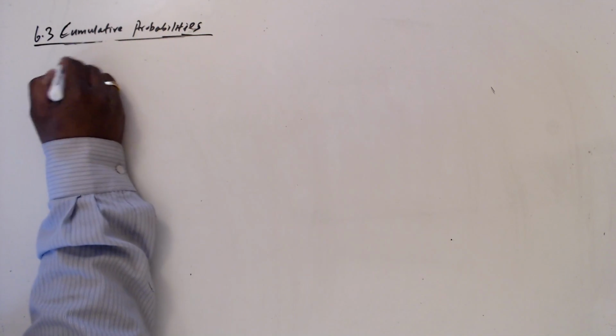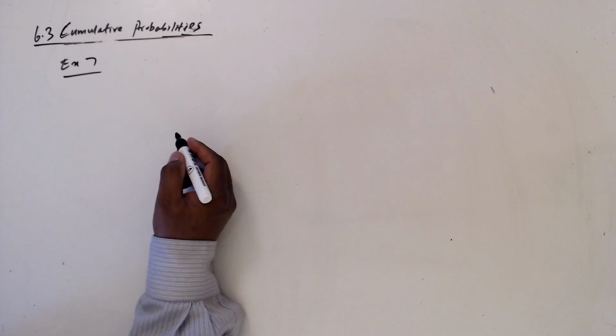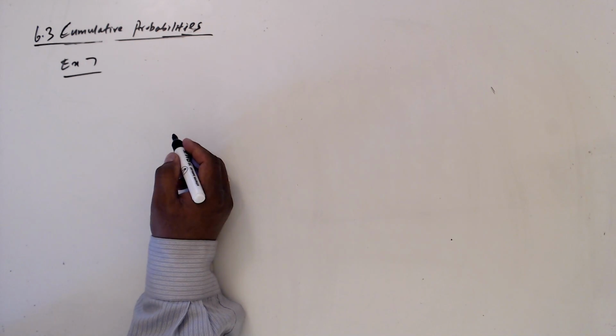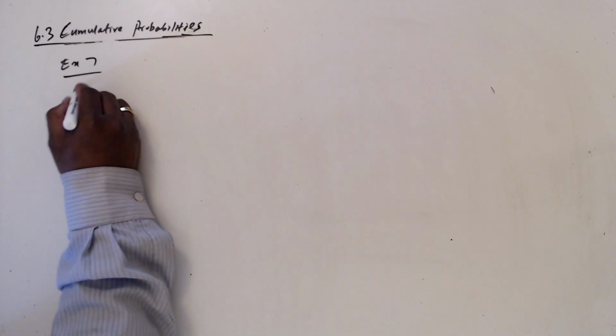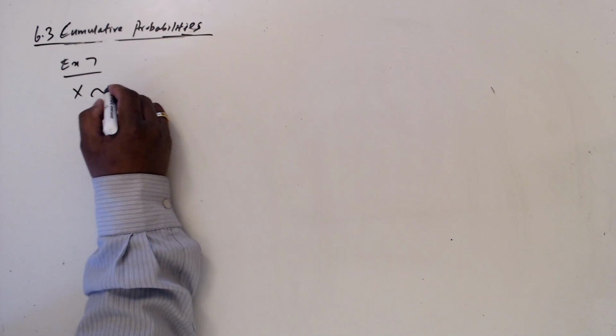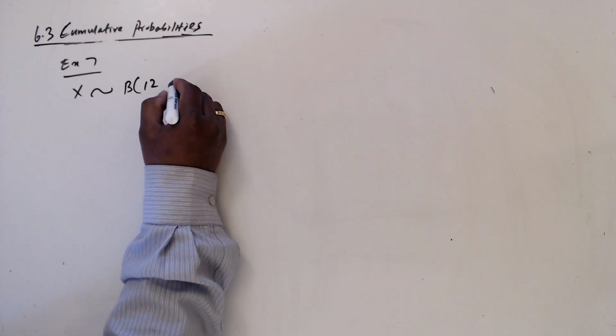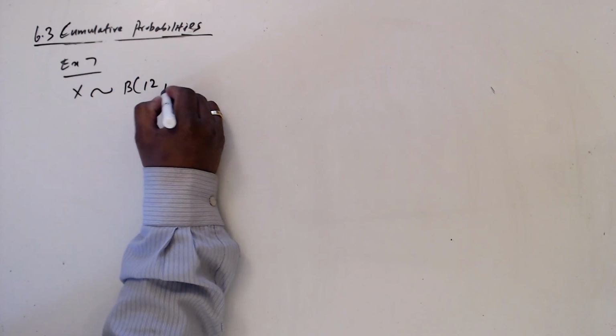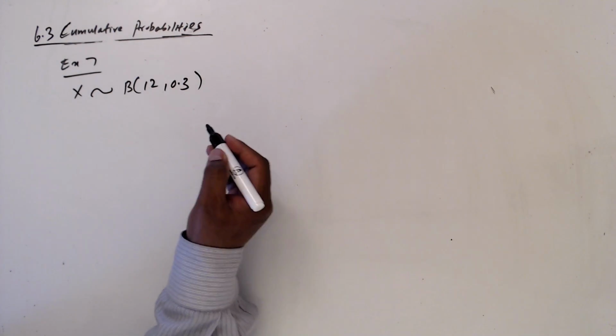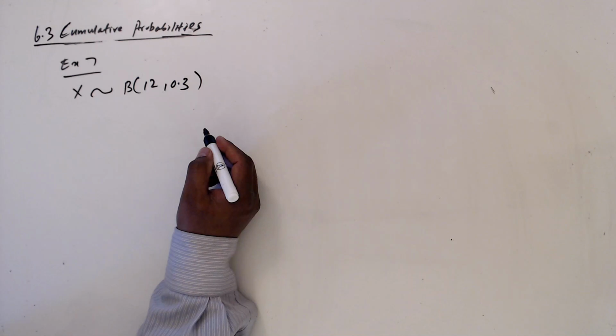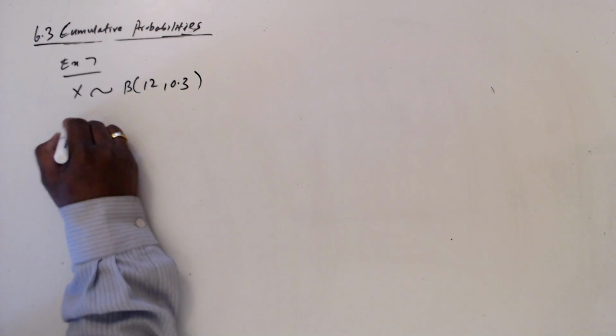Let's discuss example number 7. The spinner is designed so that the probability it lands on red is 0.3. X is the number of times it lands on red, so X follows a binomial distribution with 12 spins and p = 0.3. Find the probability that Jane obtains no more than 2 reds.